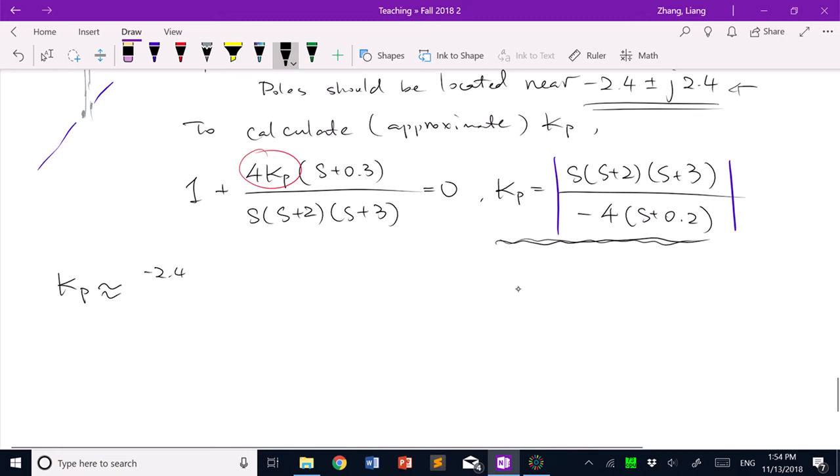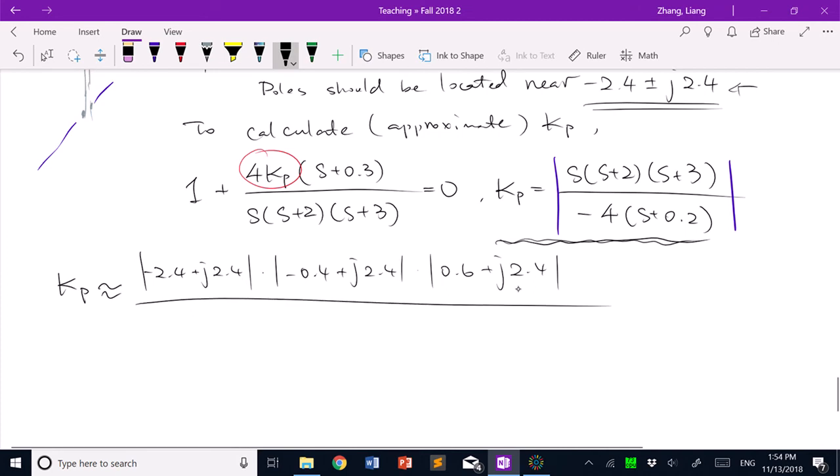Right? So this will be approximately equal to the absolute value of negative 2.4 plus j 2.4. This is the absolute value for the first. And then the absolute value of negative 2.4 plus 2, and then plus j 2.4. This is the second. And then 0.6 plus j 2.4. That's the third.